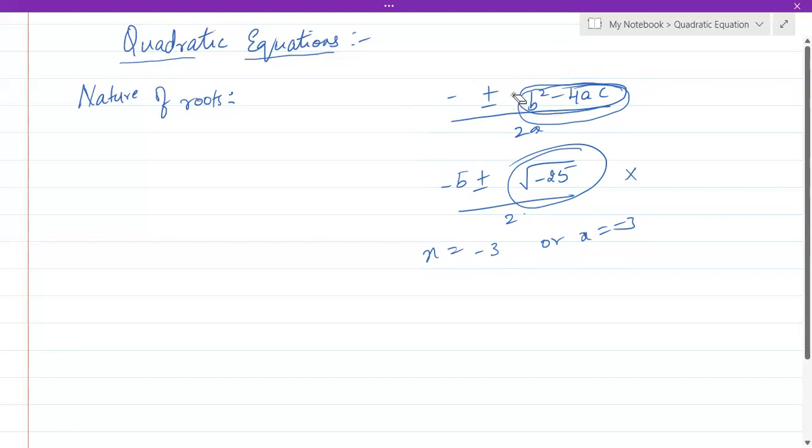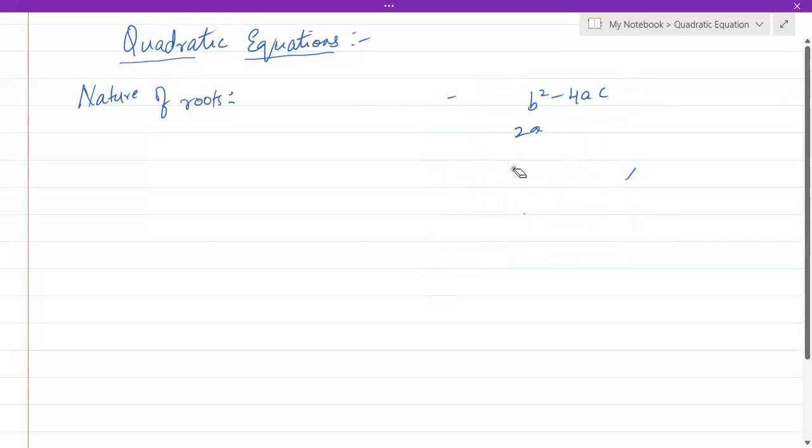Therefore the nature of roots is dependent on b square minus 4ac, which is also known as discriminant. It is denoted by delta, and the formula is b square minus 4ac.